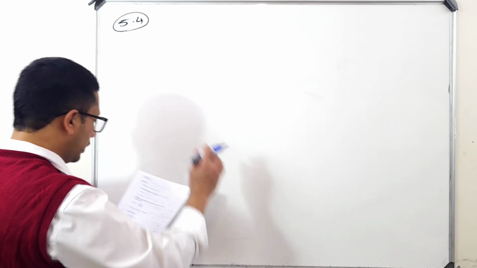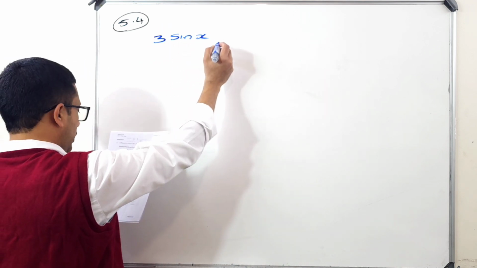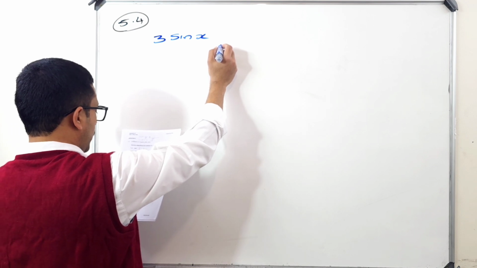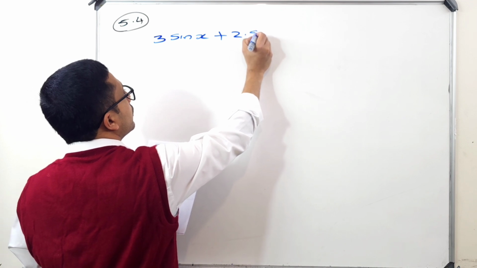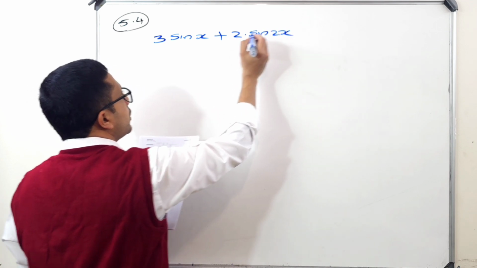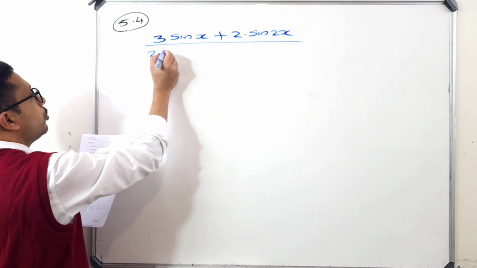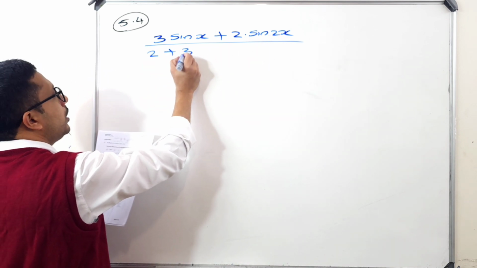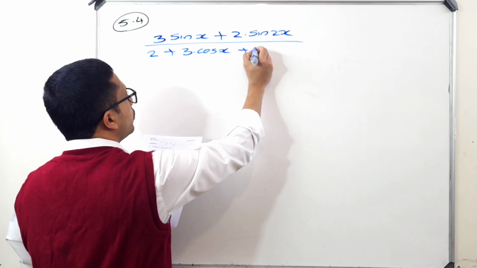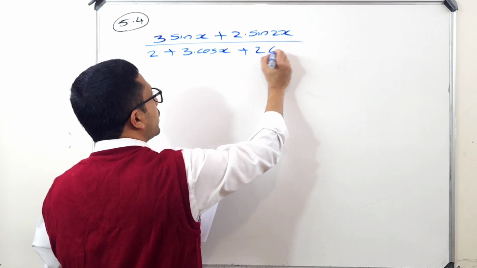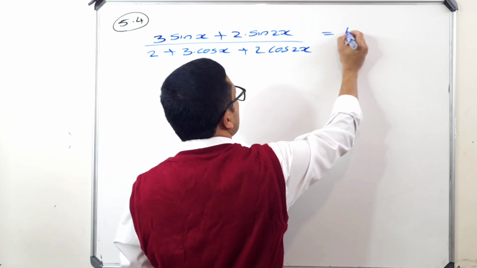We have to prove that 3 sin x plus 2 sin 2x, the whole divided by 2 plus 3 cos x plus 2 cos 2x, is equal to tan x.